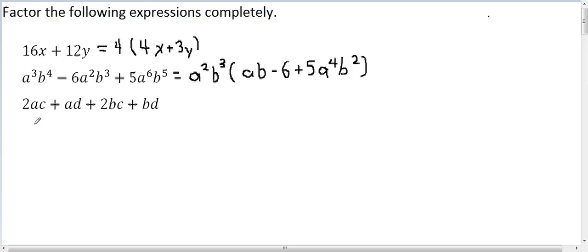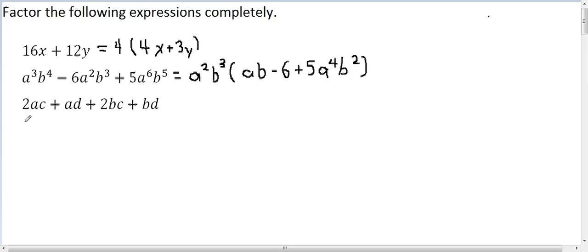And finally, we have 2ac plus ad plus 2bc plus bd. So if we try to do what we did earlier, ad and bd, these two terms don't have any numbers in front, which means we can treat it as if it has a factor of 1 each. And if we look at 2, 1, 2, and 1, we really can't factor any number out from this expression.